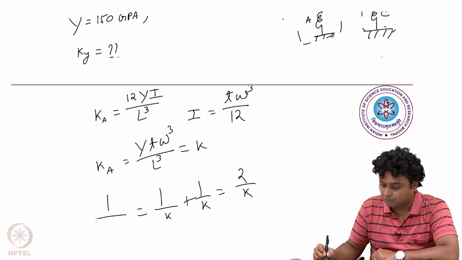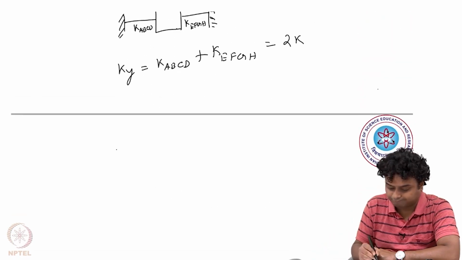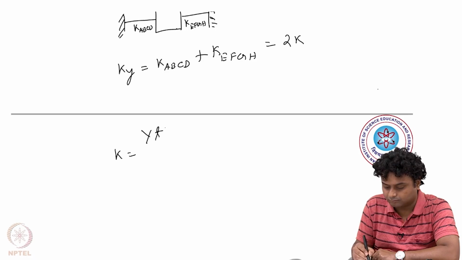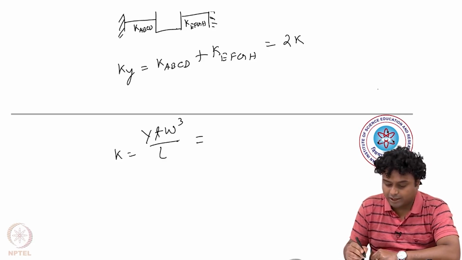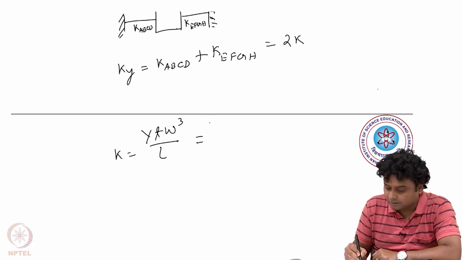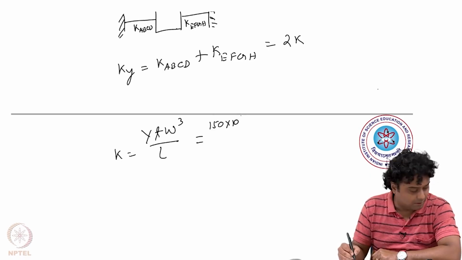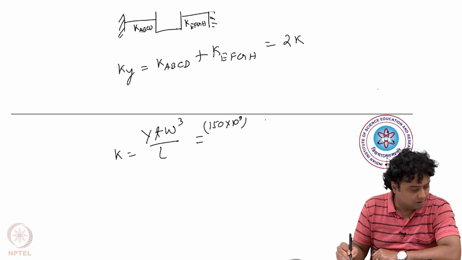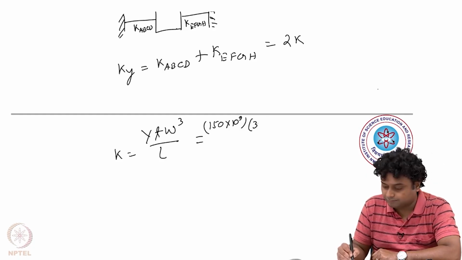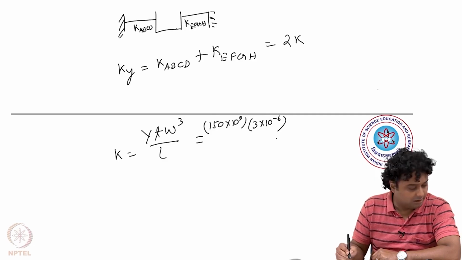If I now put in all the known values, let's go back: K is equal to YTW cube by L cube. Now if we put all the values of Y, T, W and L as we already know, it will come as 150 into 10 to the power 9, this is the Young's modulus, then 3 into 10 to the power minus 6, this is the thickness.